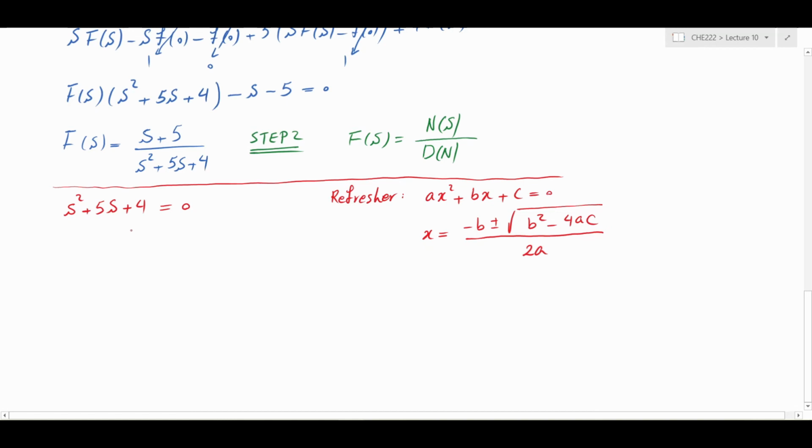If we compare our quadratic equation, in this case a is 1, b is 5, and c is 4.